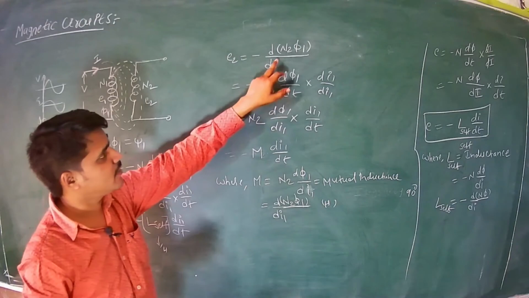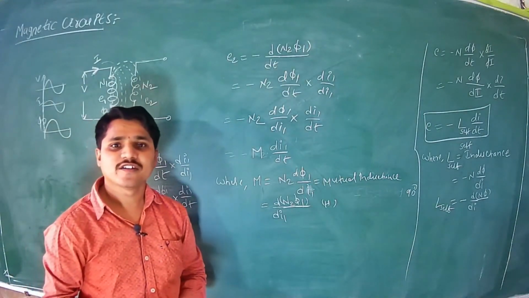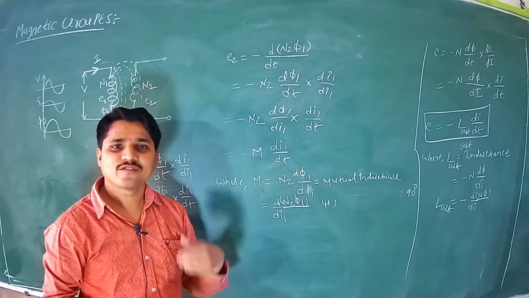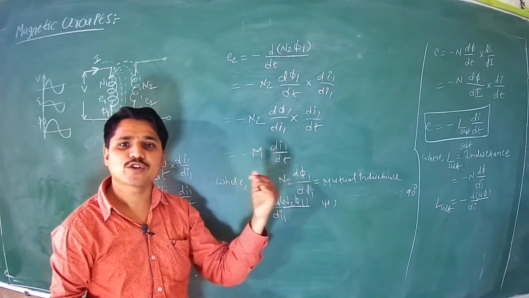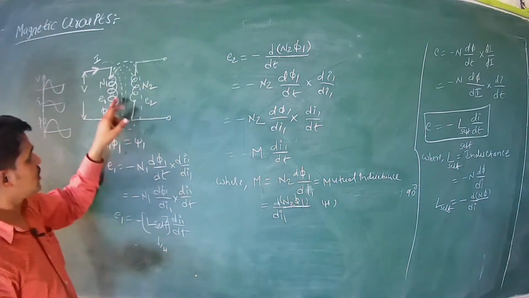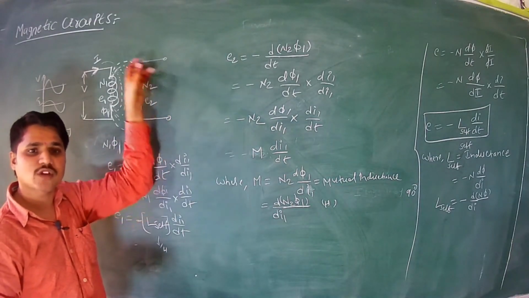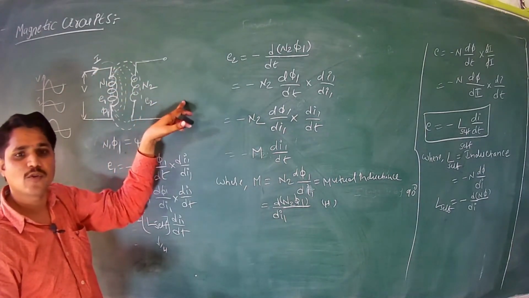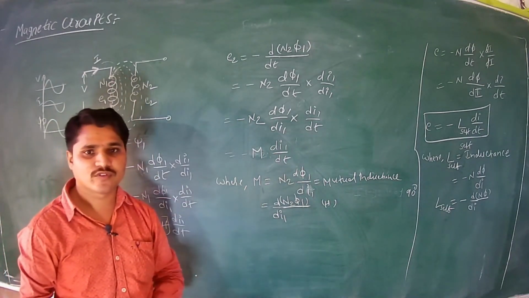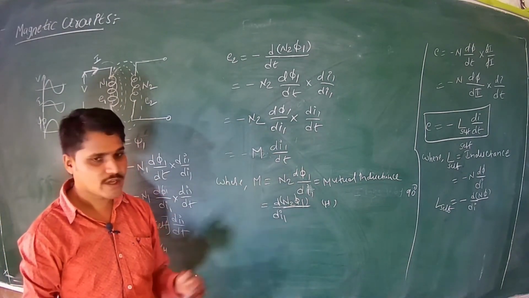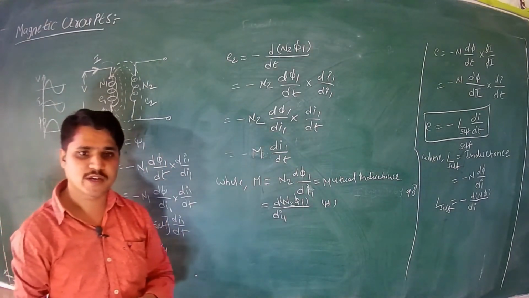So what is a mutual induced EMF? Mutual induced EMF is the EMF in a coil due to the time varying current flowing through another coil which is magnetically coupled to this coil. So this is self-induced EMF, and this is mutual induced EMF.